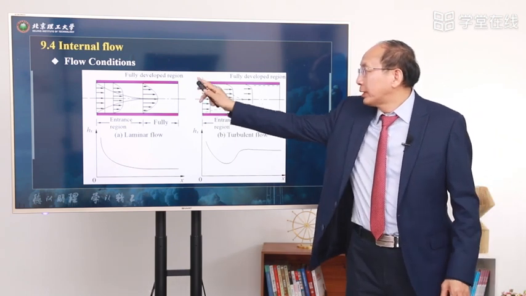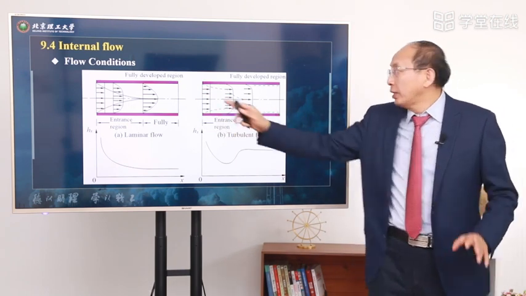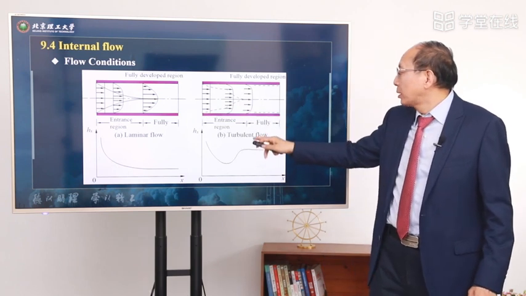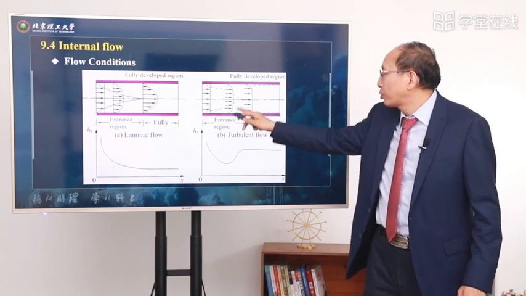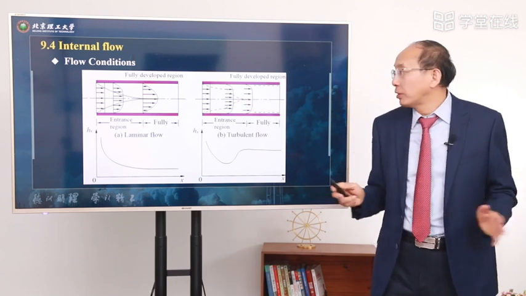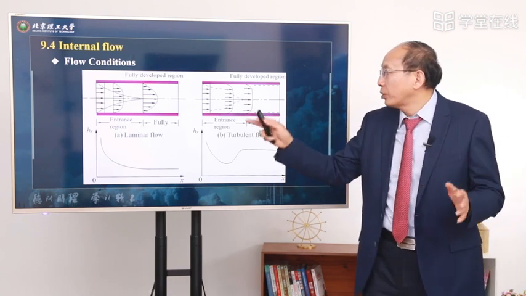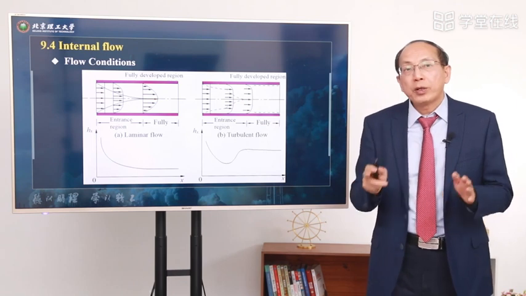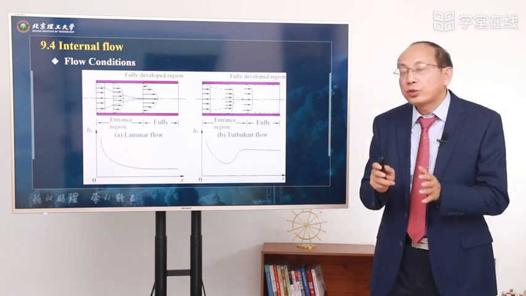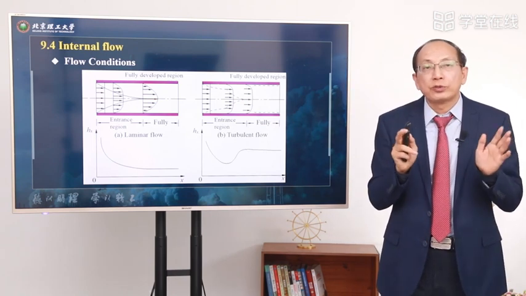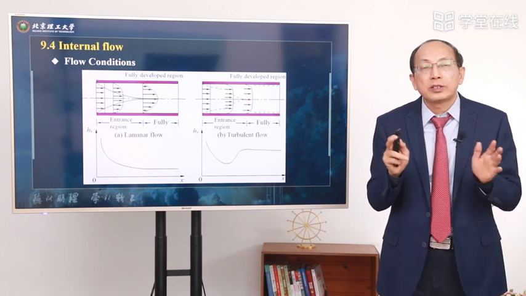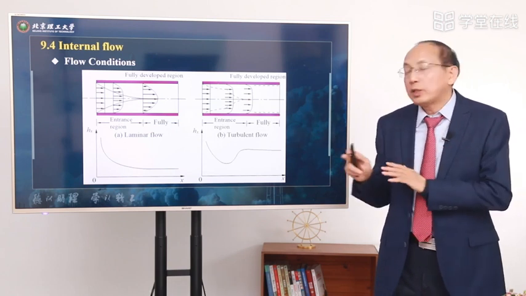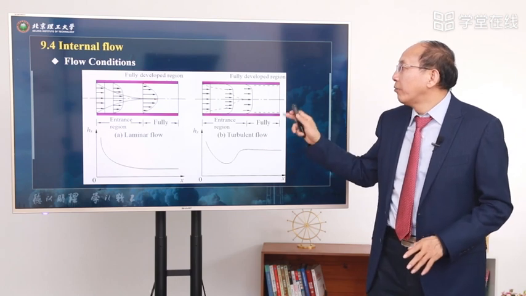Laminar flow has a section like this, but the turbulent flow section is different. The entrance region may be similar because the entrance region is very short. It's not so big a distance. So in most cases we discuss the fully developed region.